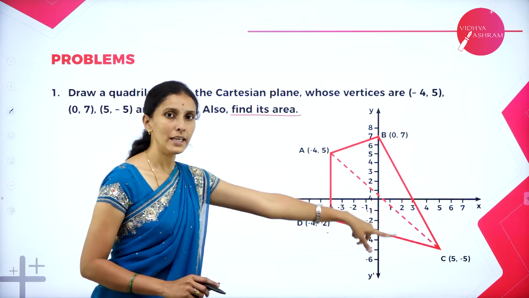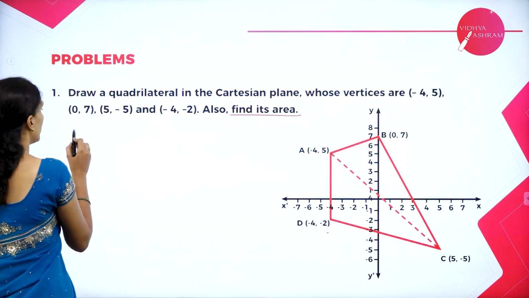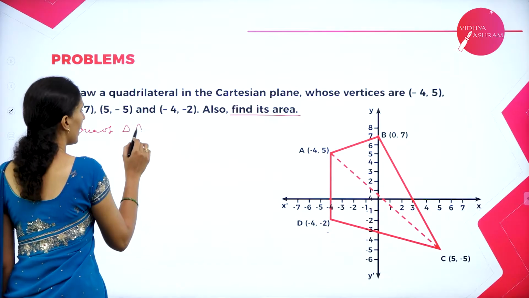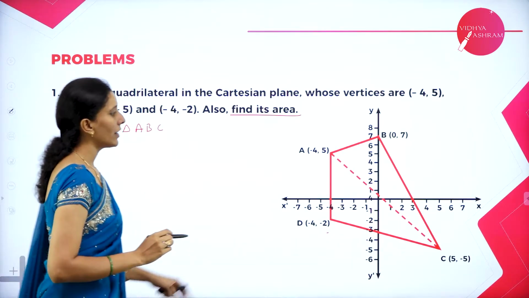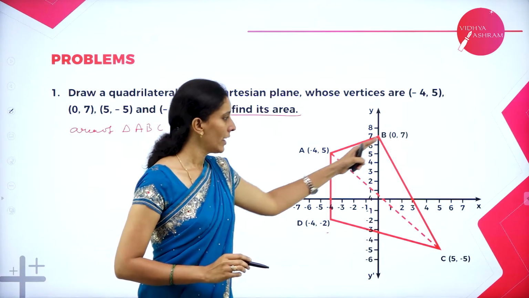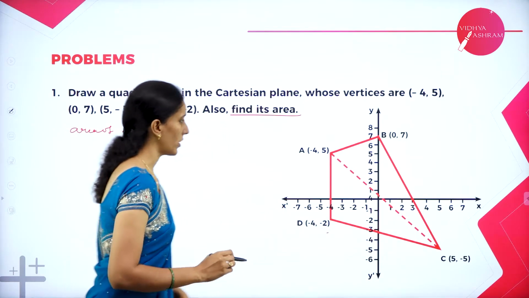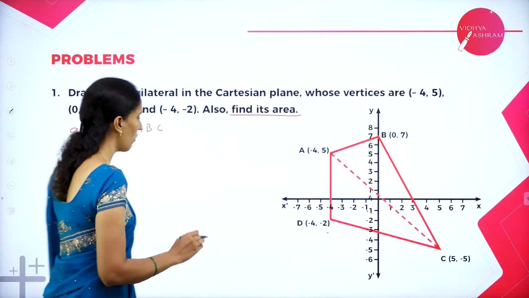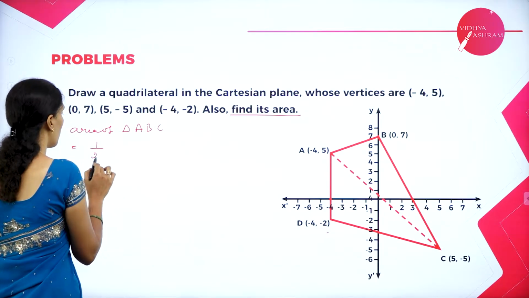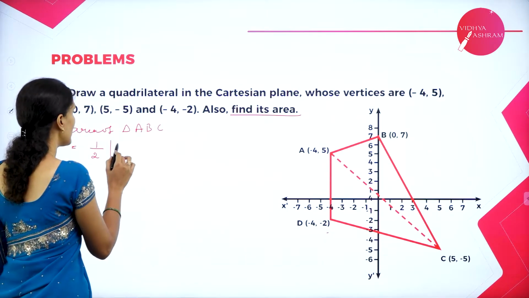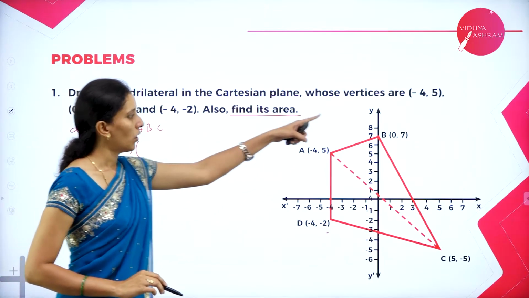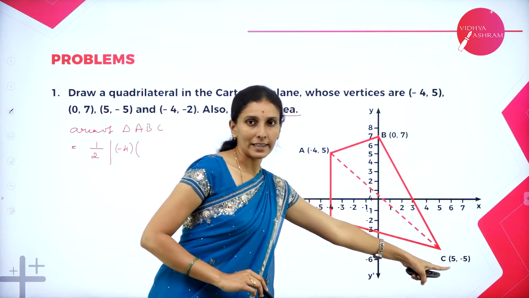Now, area of triangle ABC. You can take any one as x1, y1, x2, y2, x3, y3. So what is the formula? If I take this as x1, y1, my formula starts with half modulus of x1, that is minus 4 into y2 minus y3.